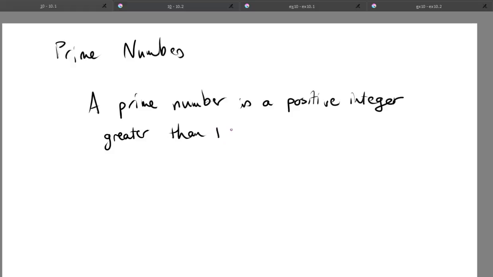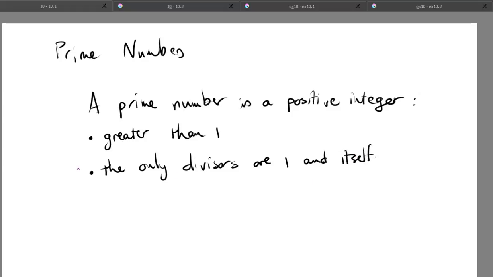And secondly, the only divisors that it has are 1, because 1 divides into everything, and the number itself.